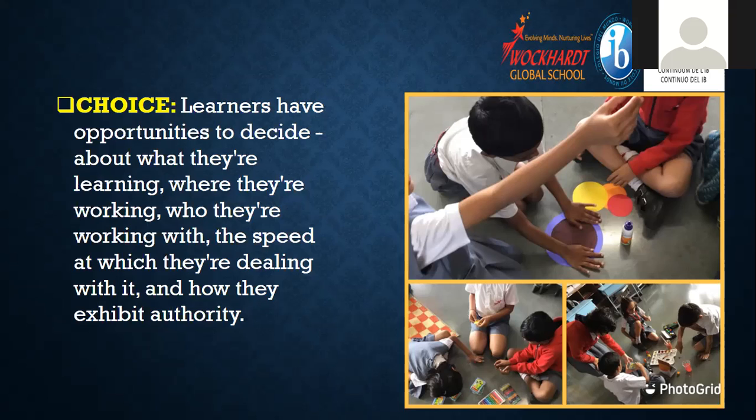This is my own classroom picture where, while learning about the layers of earth, I kept three stations, and I did not tell students, you go to that group, you go to that group. Here, the students who had a similar interest went to that particular group and started working. So here you can see the variety in learning.